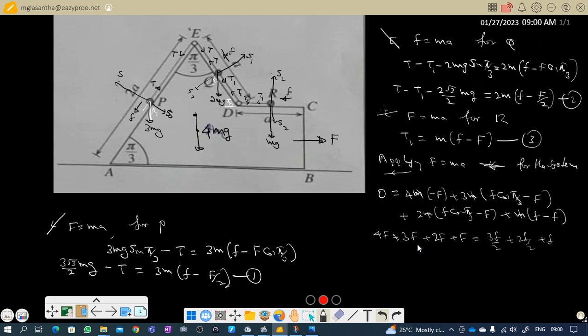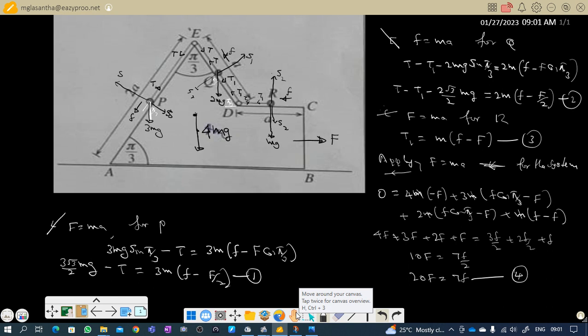So this equals 10f, equal here 2f, 7f by 2. So 20f equals 7f. So this is equation 4, right?